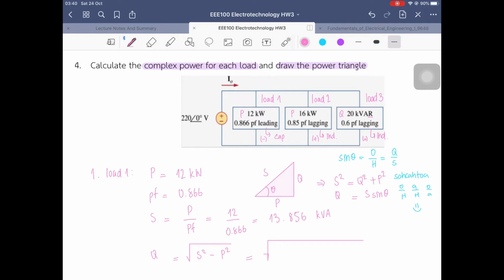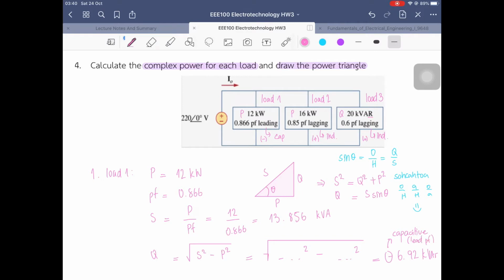So you just do the Pythagoras, the square root, and it's done. So allow me to take some time to calculate the numbers, and finally we get this number. Why it is a minus sign, I already mentioned before. The minus sign comes from the capacitive load, and the keyword for capacitive load is leading. So when it is leading, it has to be the minus sign.